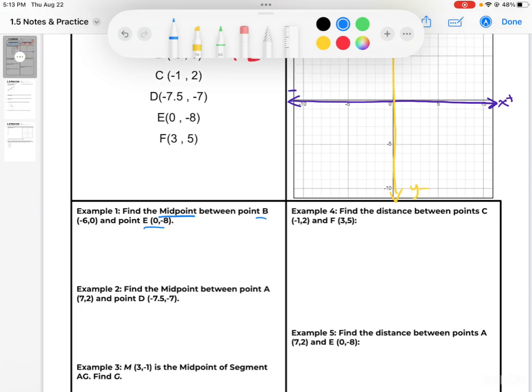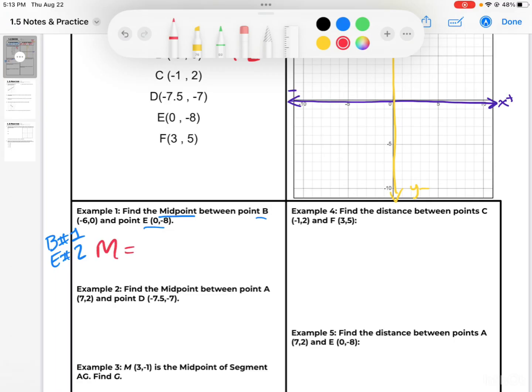Just for the purposes of it, I'm going to say B is number 1 and E is number 2. So when I am putting x1 or x2, I'm talking about B being number 1, E being number 2.